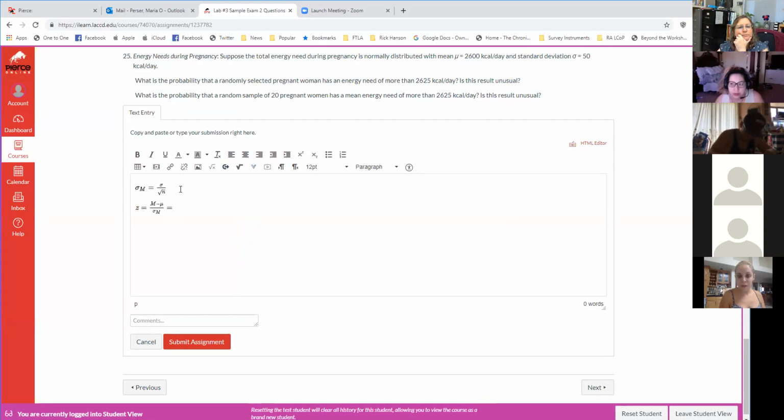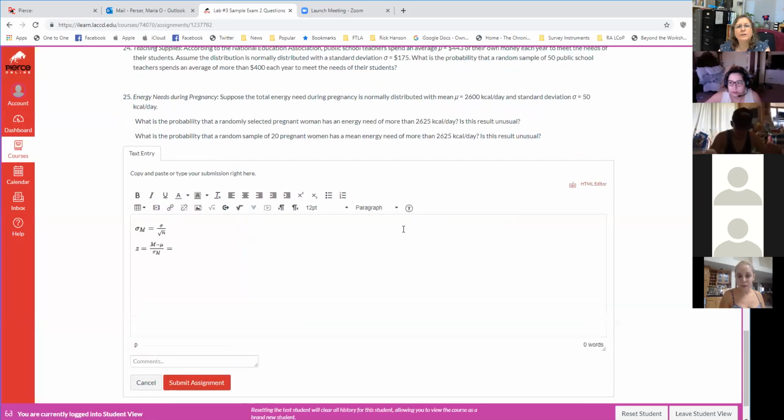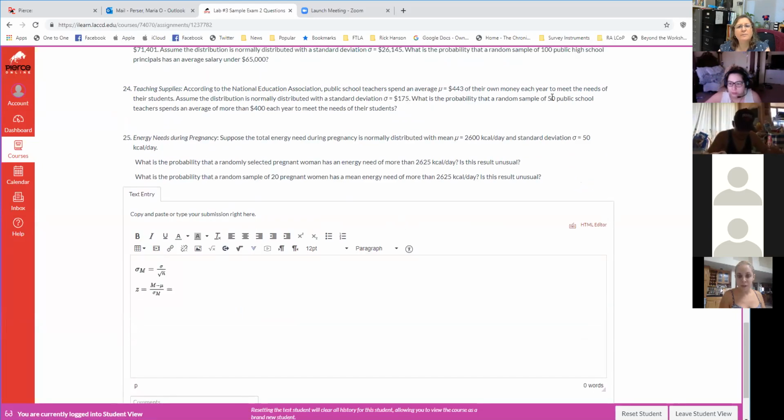Or am I doing that wrong? I'm doing 175 divided by the square root of 50. So you're doing 175 divided by the square root of 50, and the square root of 50 is not a great, fabulous number, so it's 7.071.